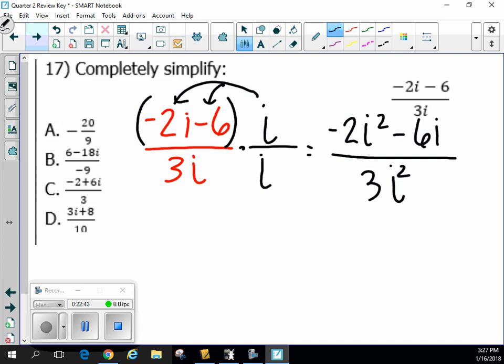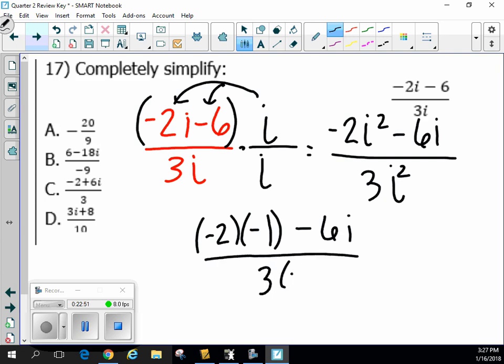Remember, i squared is negative 1, so this is 2 minus 6i divided by negative 3. So your answer is C.